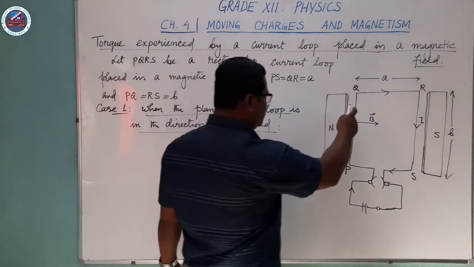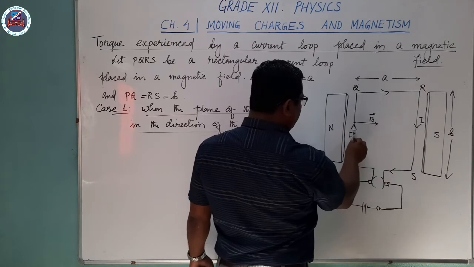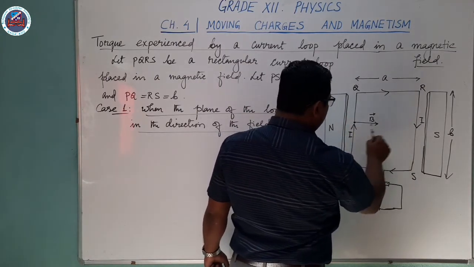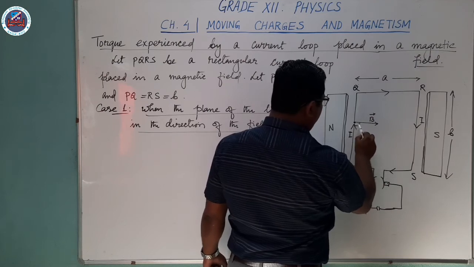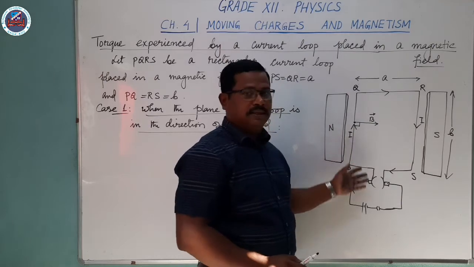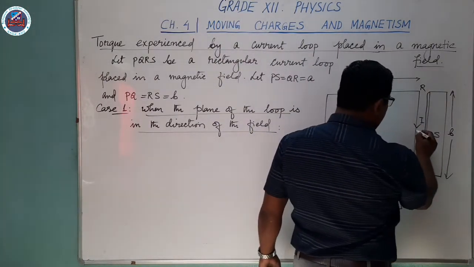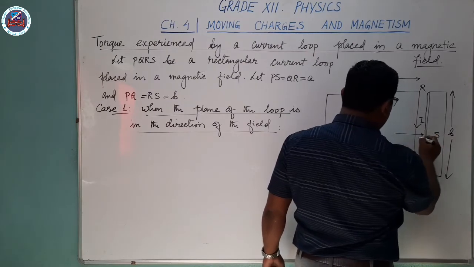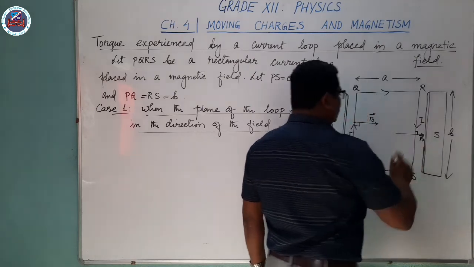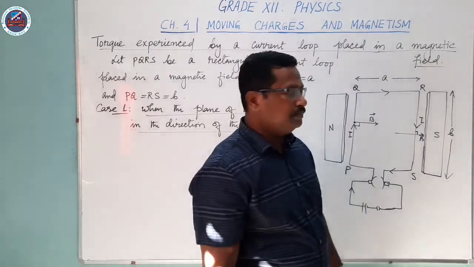But these two sides, PQ and RS, are perpendicular. Current is going like this and the magnetic field is passing in this direction, so they intersect at an angle of 90 degrees. So side PQ will experience some force. The same way here also, current is coming down, magnetic field is going from left to right, intersecting at an angle of 90 degrees. So side RS also will experience some force.